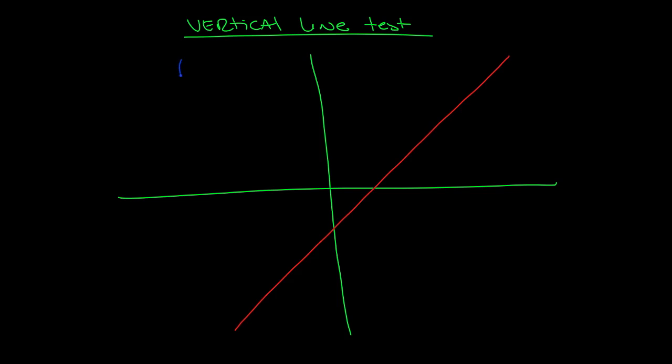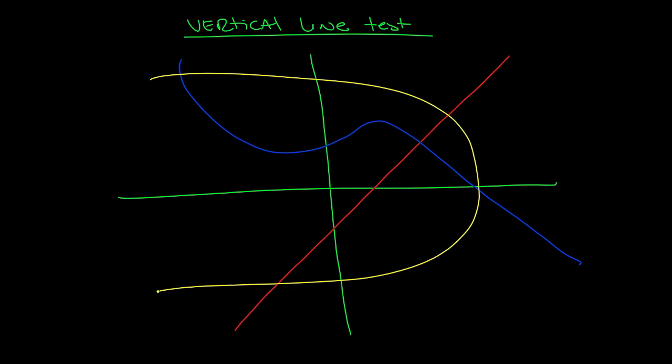There's another one. And let's choose another color. Let's try yellow. Let's take a third graph, like this. Okay, so those are 3 purported graphs.